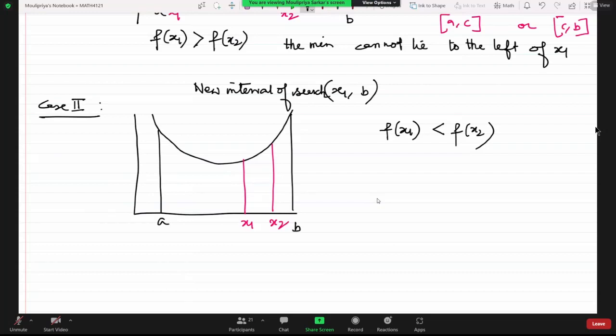So can you tell me, if this be the case, which region can be eliminated? X2B. Exactly. If this be the case, this region can be eliminated and your new region of search would be, just a moment.